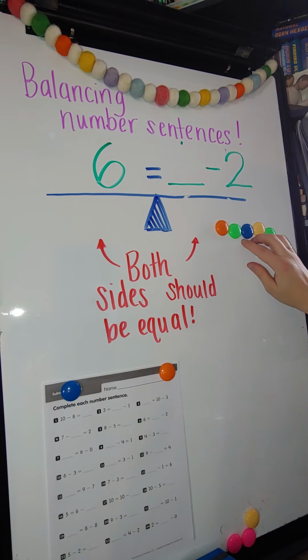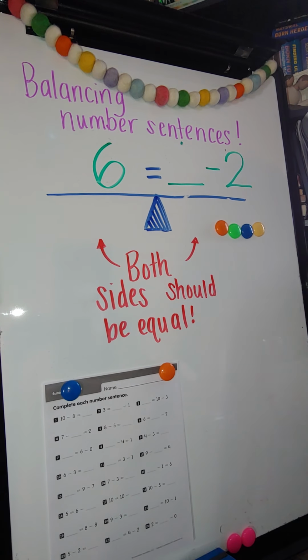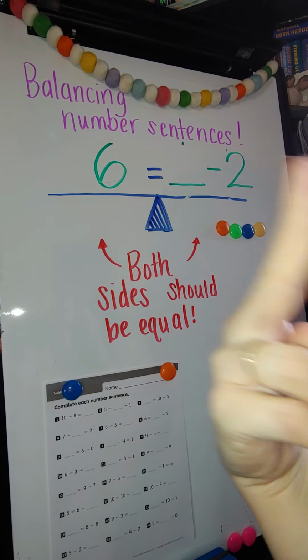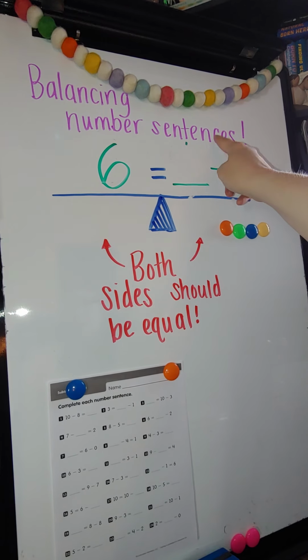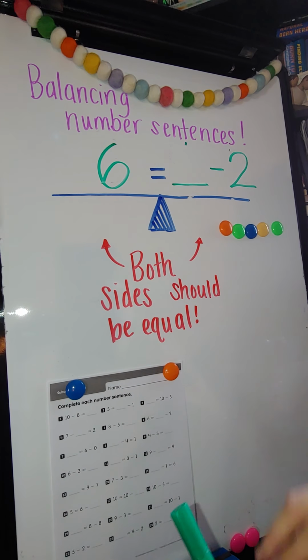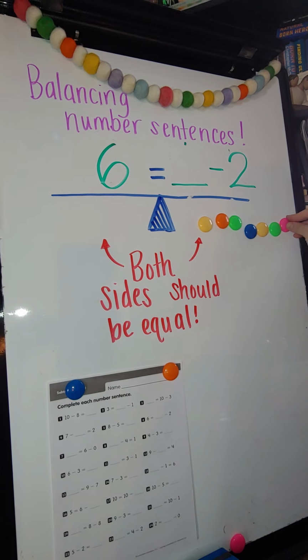We're lucky these numbers are kind of smaller. So let's start out with 6. Let's pretend this might be 6. Let's take 2 of those away. If I take 2 of those away, I have 4. We can try that out. 4 minus 2 equals 2. I don't want 2 over here. I want to have it be 6. So I know this number is not going to be right. I don't have enough.